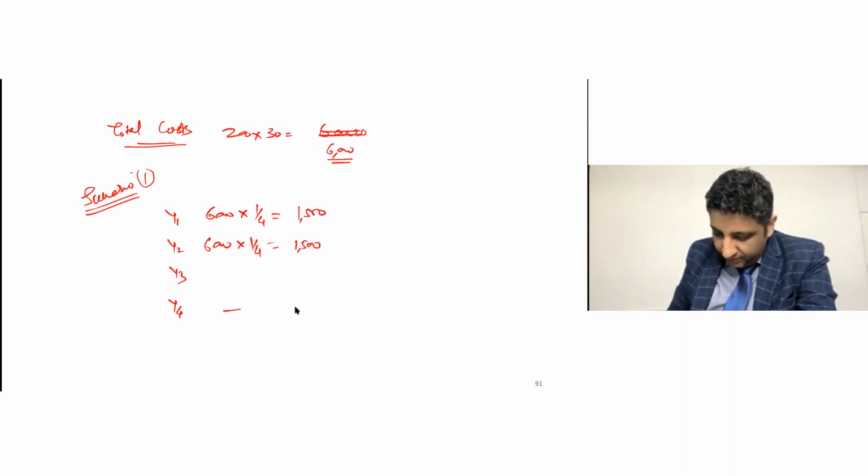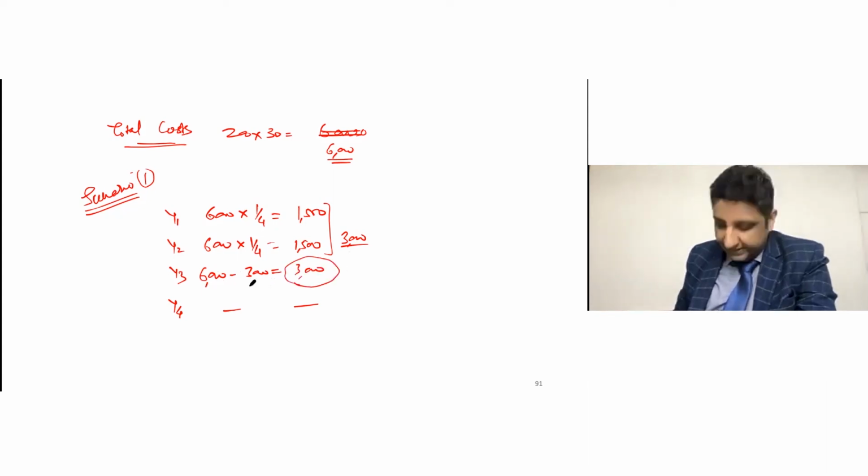I'm not even reaching year 4. Automatically, it is getting vested at the end of year 3 itself, which means that out of the total cost of 6,000, I've already accounted for 3,000, which is for year 1 and year 2 in totality.